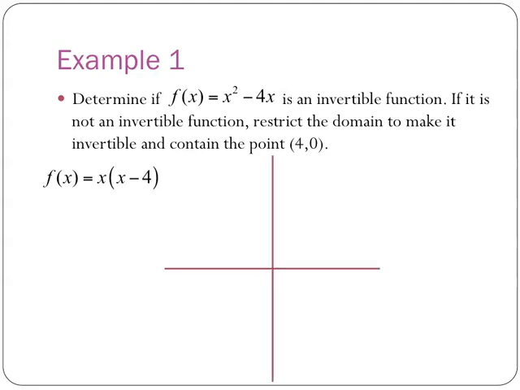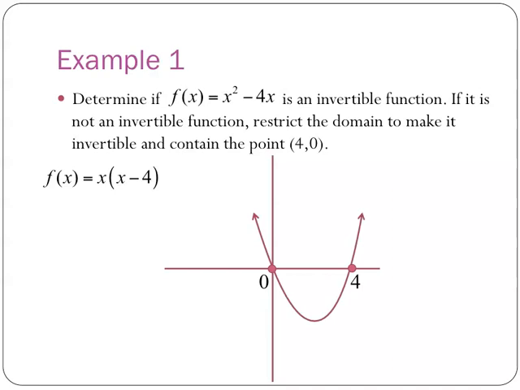And that means that we have zeros at 0 and at 4. Because this is a quadratic, we know this is going to be a parabola. And because it is a positive x squared, we know that this is going to be facing up. So this is the general shape of the graph.